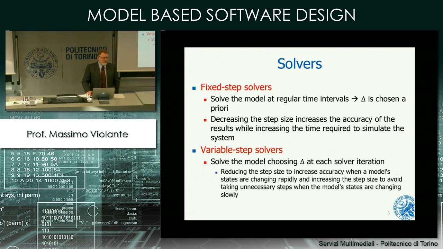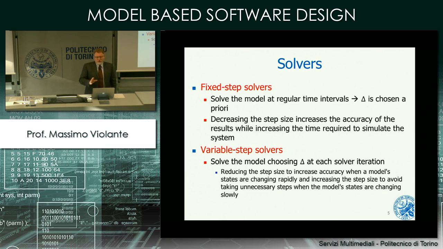For the third iteration, we can have half a microsecond. For the fourth iteration, we can have 5 seconds. It depends on what the solver algorithm decides based on the type of blocks that we have on the model and on the frequency of variance inside the inputs.